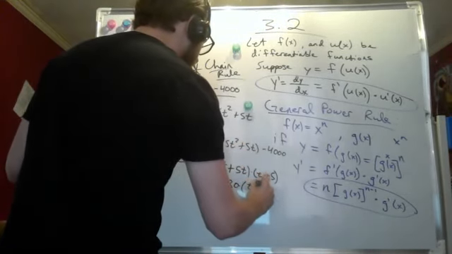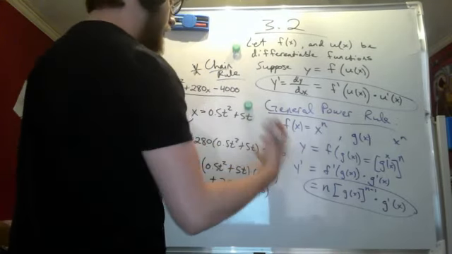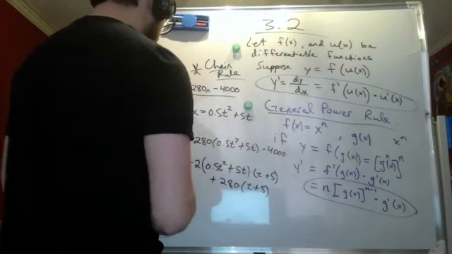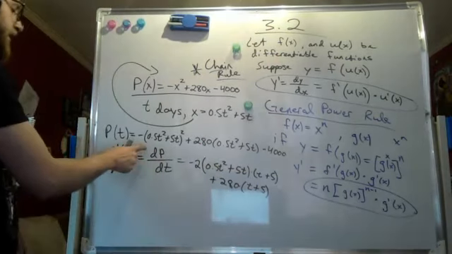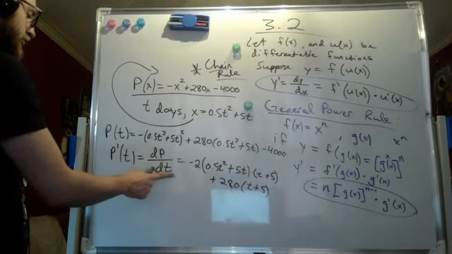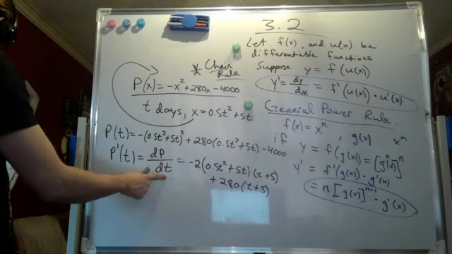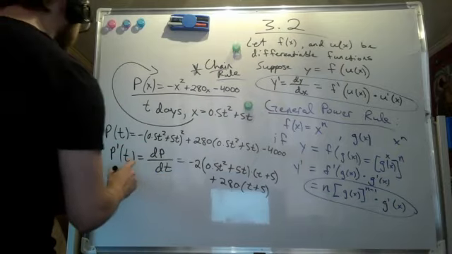That's t plus 5. And then minus 4,000, the derivative of that is just 0. So there we have it. This is the rate of change of profit with respect to time. Very important here. But we want to know, find the rate of change of profit with respect to time at the end of 4 days.